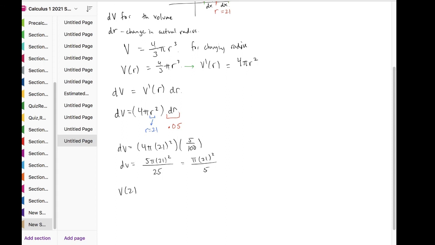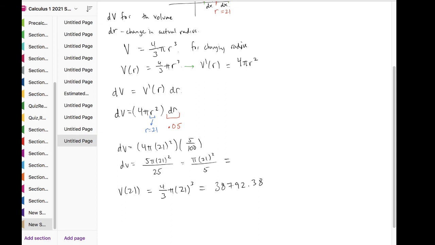V of 21, so someone do 4/3 pi 21 cubed, and then someone plug in pi 21 squared over 5. 4/3 pi 21 cubed is 38792.38. And then what's this value here?